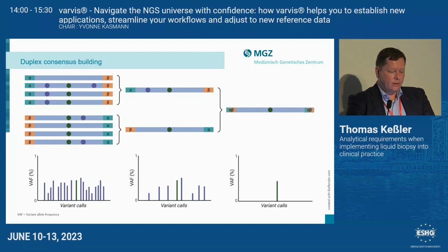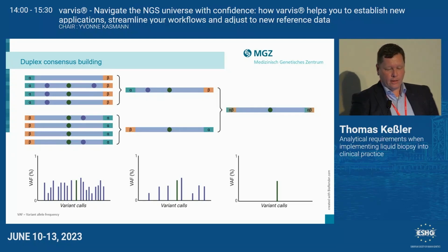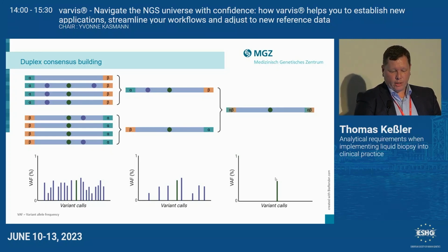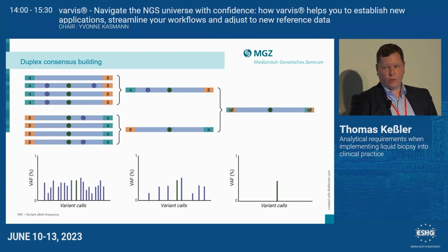And if you then take a step further and combine the plus and minus strand tags, you filter out all the noise and only the true tumor variant remains, which can be called with a very high sensitivity, because you use a lot of sequencing reads on the same position, and it's also very specific because you don't have the noise.